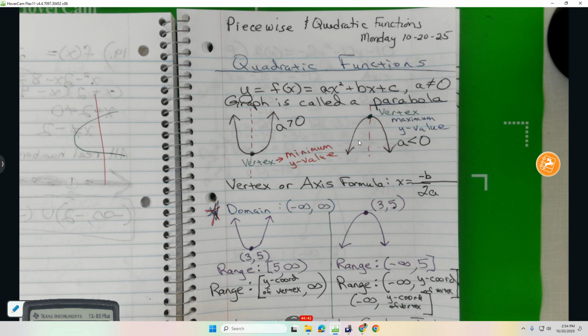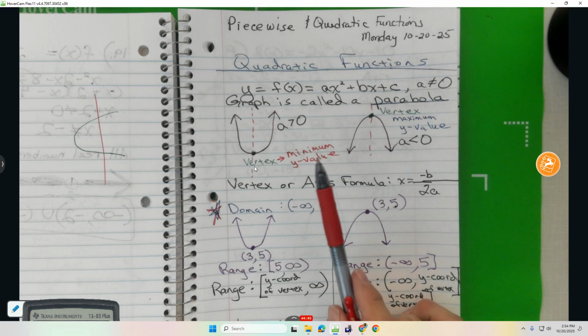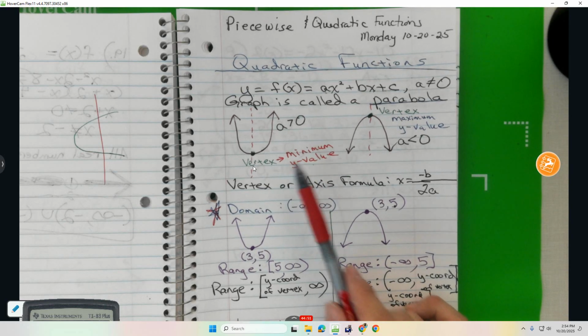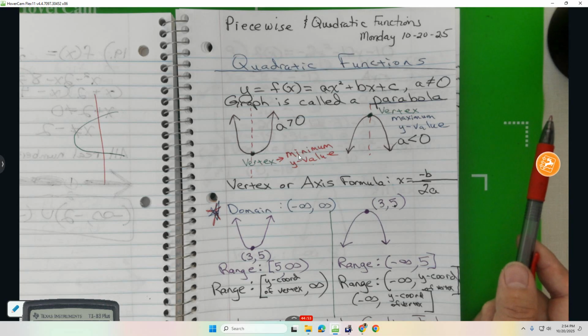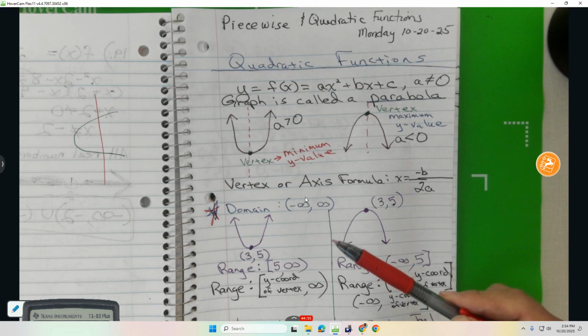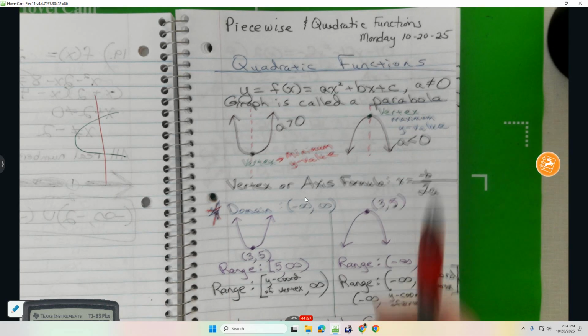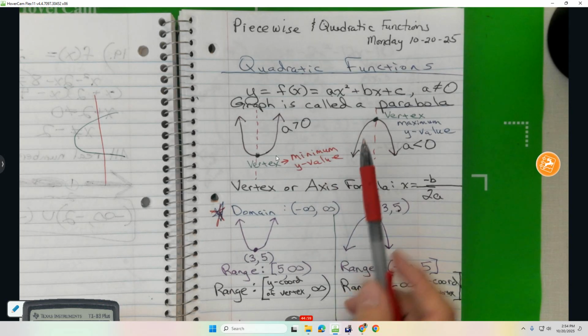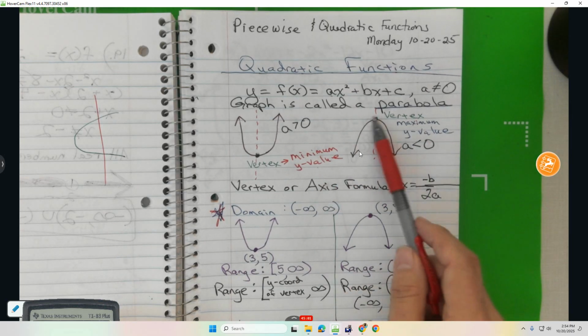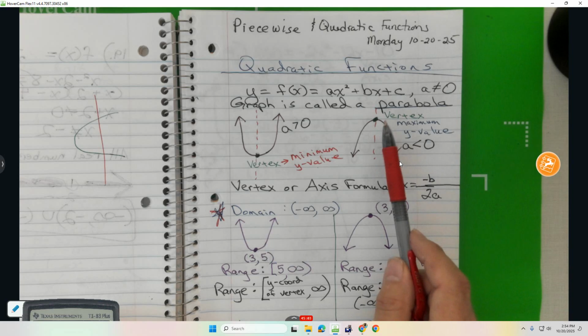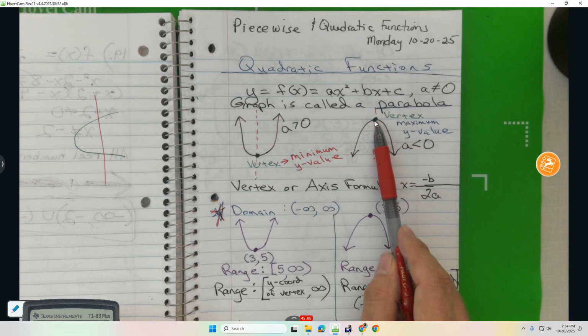If there's a maximum or minimum, it has to occur at the vertex. So my advice to you for these word problems: use the vertex formula and find the y-coordinate, because if they ask you to find a maximum, that means the parabola is opening downward. So you find the vertex and the y-coordinate.